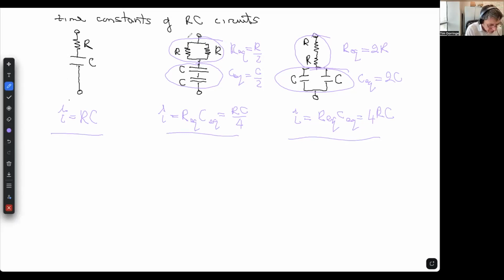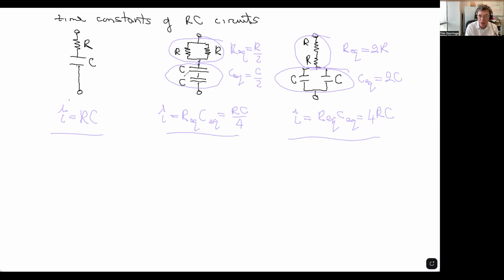When we made this particular circuit here with the resistors in parallel and the capacitors in series, what we were effectively doing was in each case making a smaller resistance or a smaller capacitance that made a much smaller, by a factor of 4, time constant.